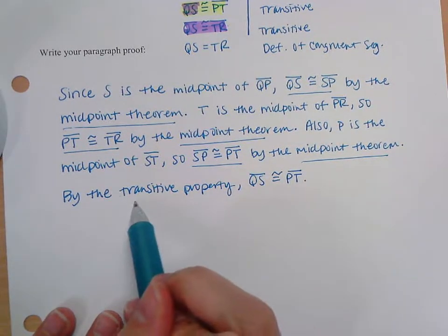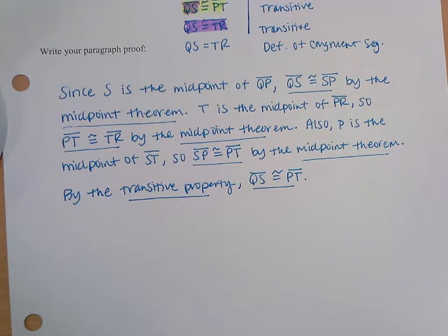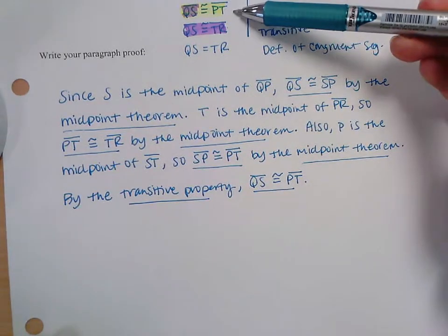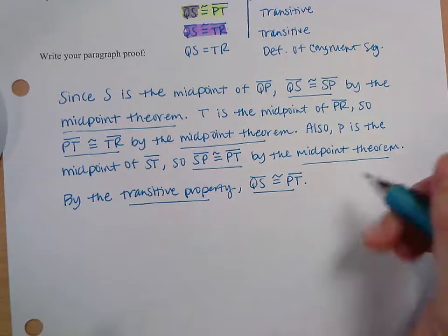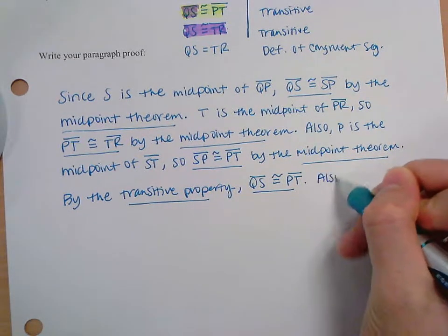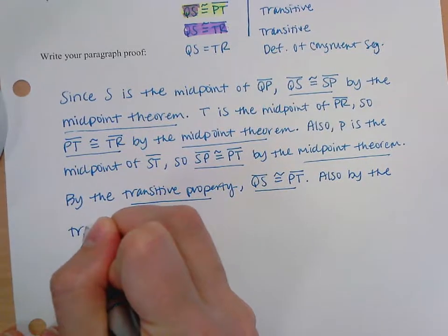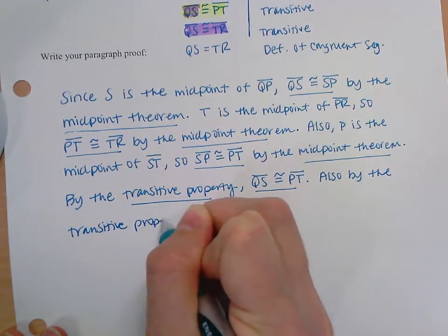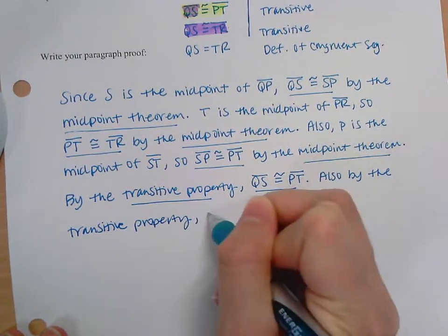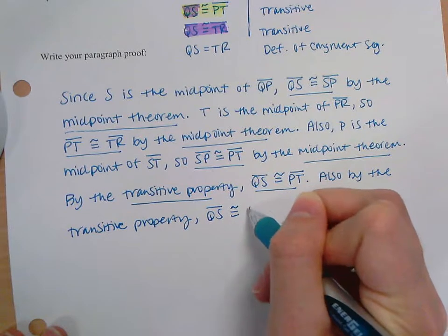Okay, so I stated my reason first, but by the transitive property, our next line we had said QS was congruent to PT. And then I can say also by the transitive property, QS is congruent to TR.